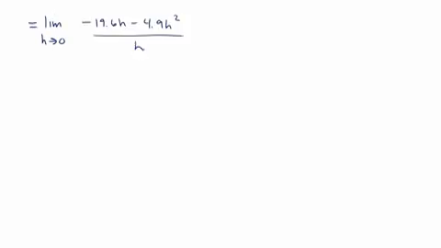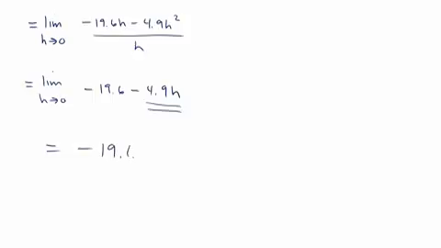Now we'll factor an h out of the numerator, which divides out the factor of h in the denominator, and gives us the limit as h approaches 0 of negative 19.6 minus 4.9h. And now we will let h go to 0, which causes this whole term to go to 0, leaving us with negative 19.6, and those units would be meters per second. So after 2 seconds, it is falling at 19.6 meters per second.